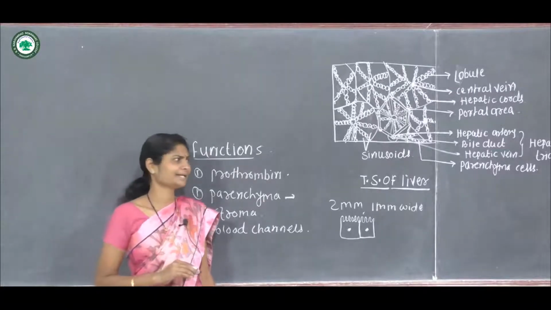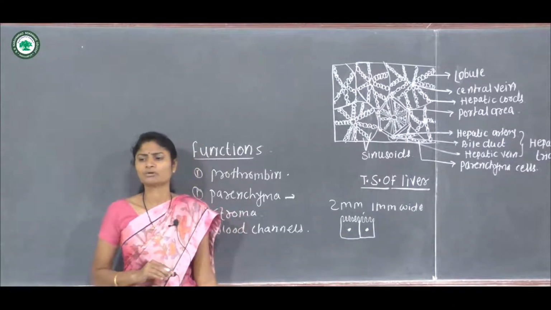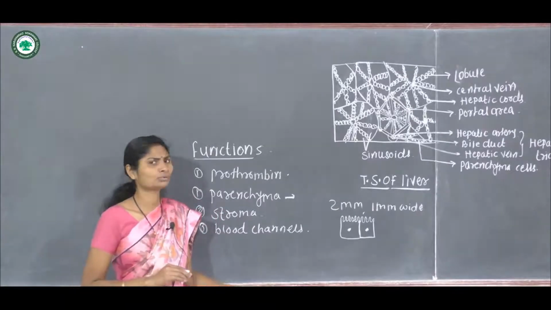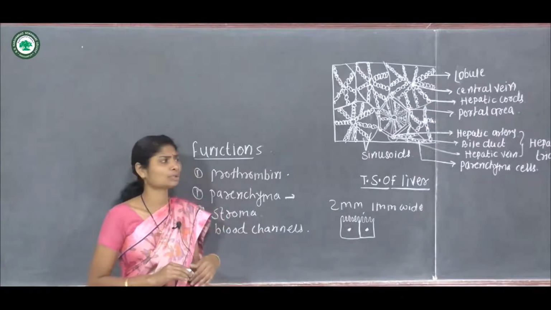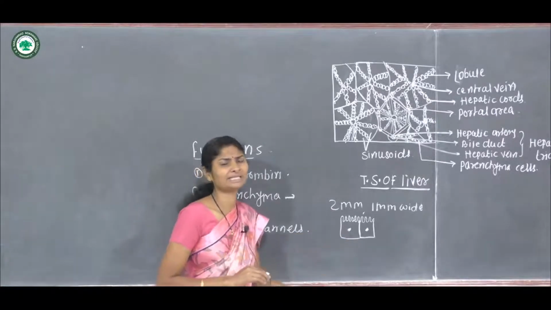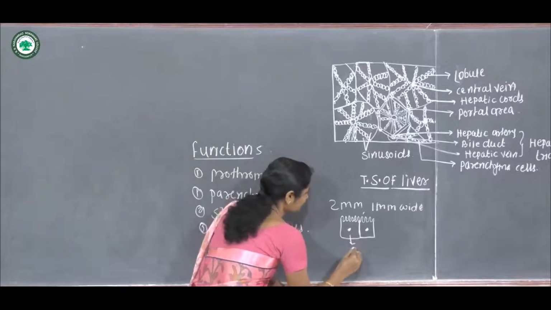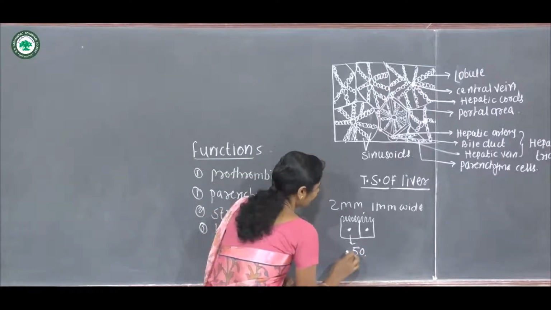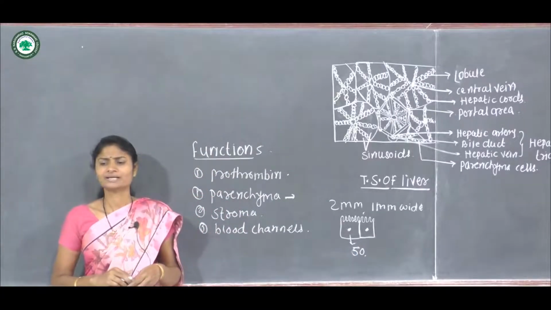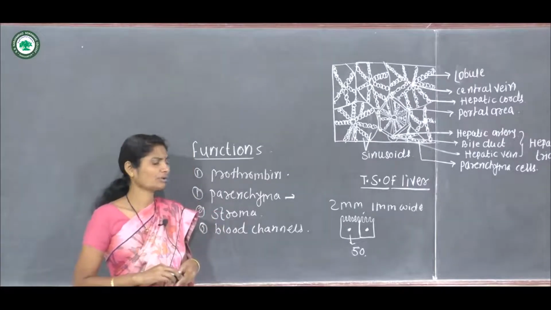The cytoplasm contains numerous mitochondria and Golgi complexes. In a single cell, about 50 Golgi complexes are present. The cytoplasm also contains glycogen and fat droplets.